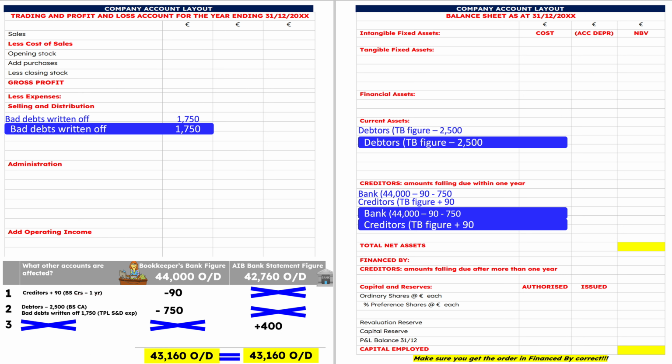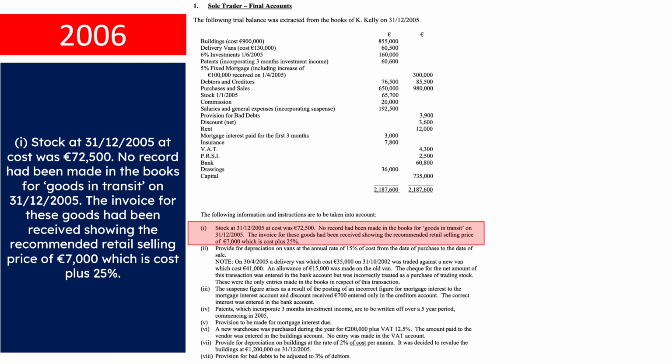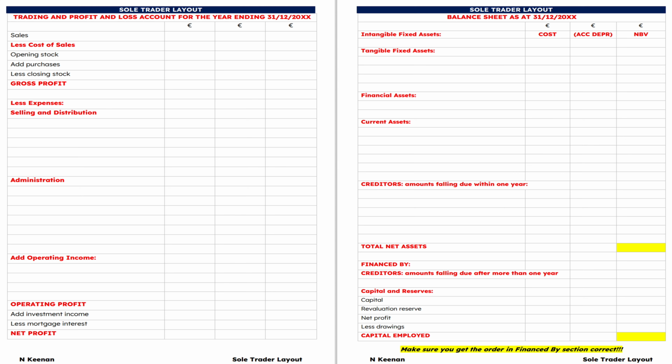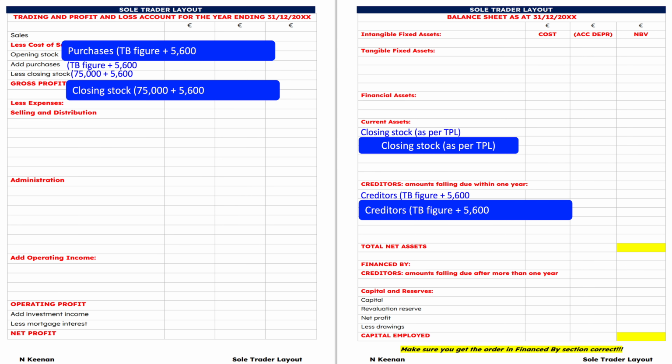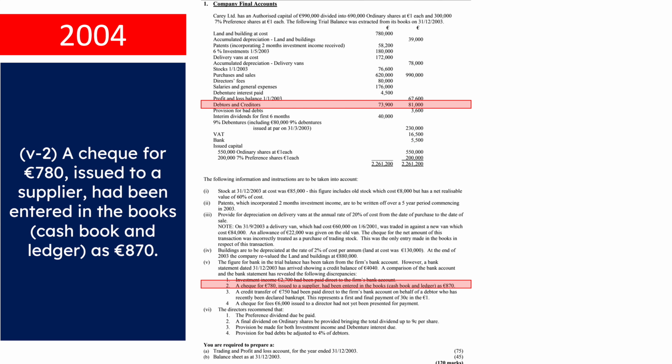Okay, so that was 2007. Hopefully you got the creditors part right there. The next part then is goods in transit in the 2006 question. Okay, now you have 2004, another bank adjustment.